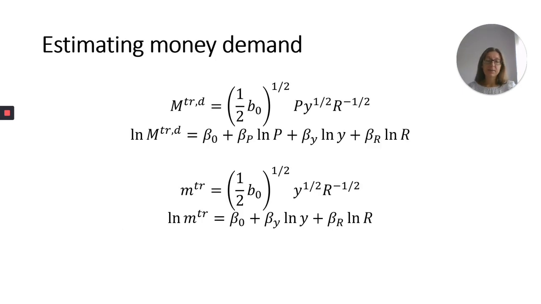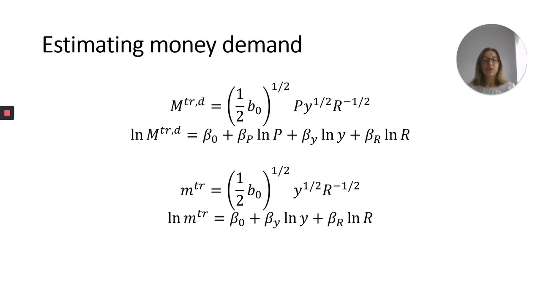For the end, I want to raise an issue about the estimation of money demand. We talked a lot about different cases, how the transactions demand for money changes, why it might be different, and how to understand it.